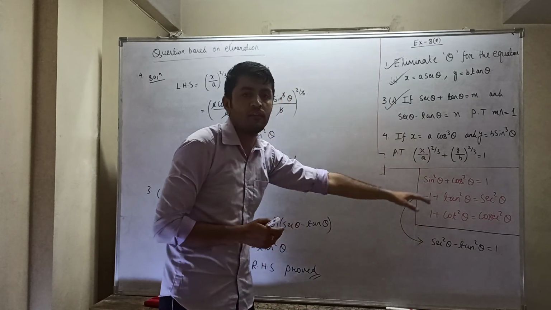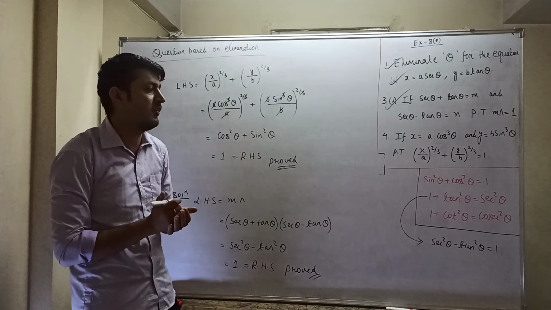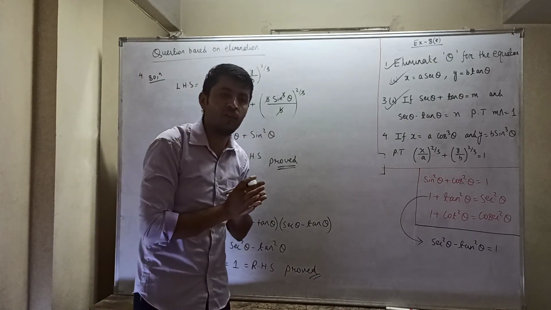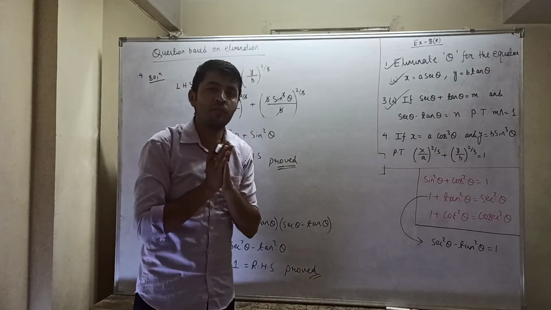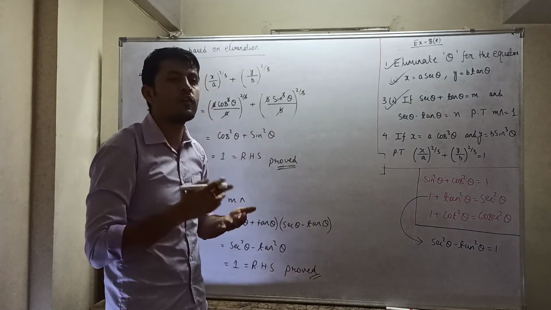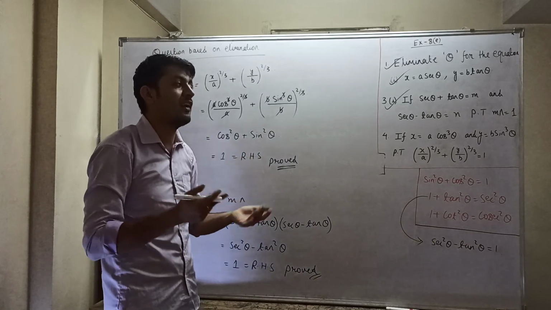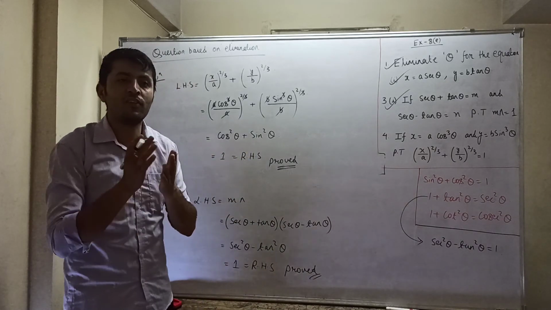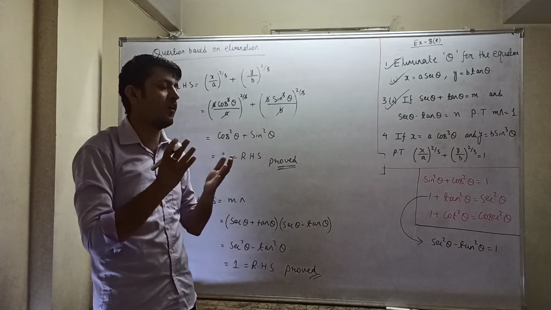Without remembering the identity relations and other formulas of trigonometry, this cannot be solved. That's why you have to remember the formulas. How to remember? Write down the formula again and again, 4, 5, 6, 7, 8 or 9, 10 times. Then it is very easy for you to remember all those formulas.